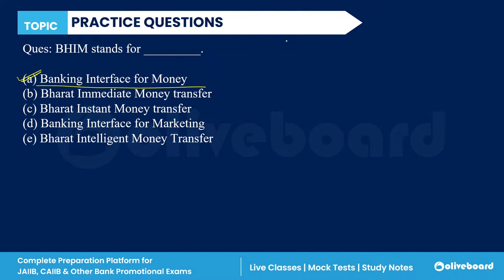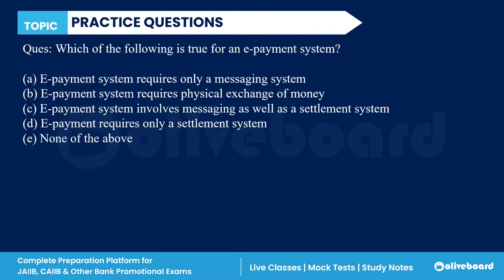So BHIM is not banking, BHIM is Bharat Interface for Money, right? The correct answer is not given in the question, I think. So we have to think that BHIM is actually the Bharat Interface for Money.